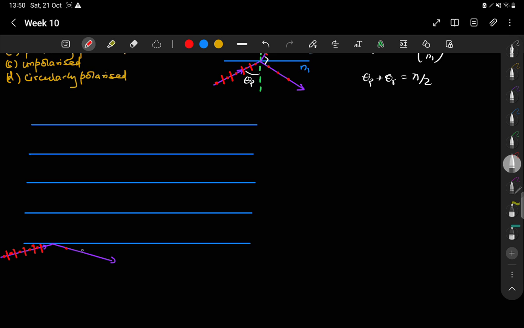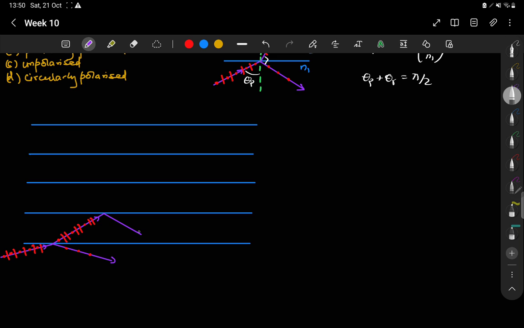Because of Brewster angle, the reflected light is polarized. And then we have a refracted light. This is the refracted light, and this refracted light is partially polarized. And again, this is incident at the Brewster angle for the second interface.